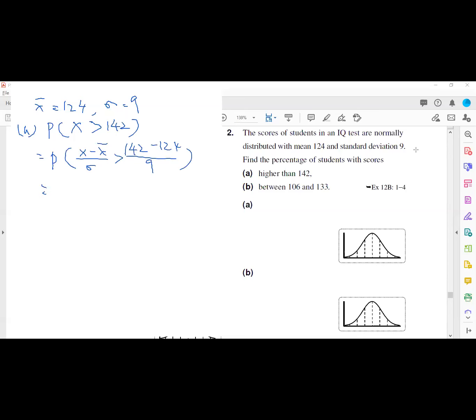Okay? And then do the calculations. And I think it should be 2. And then you multiply the sigma to the right-hand side. Okay? X minus x bar larger than 2 sigma. And add the x bar to the right hand side, x bar plus 2 sigma. And then we go to the graph, okay?